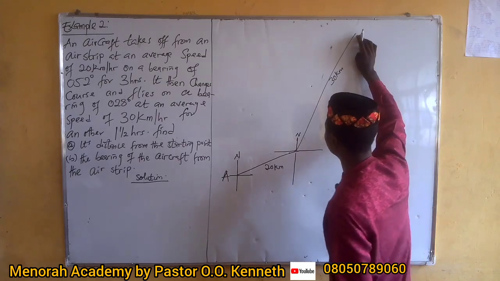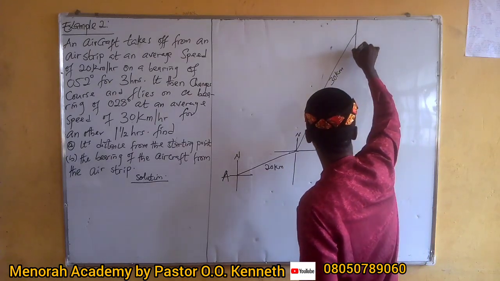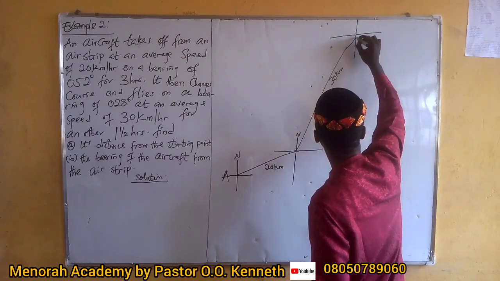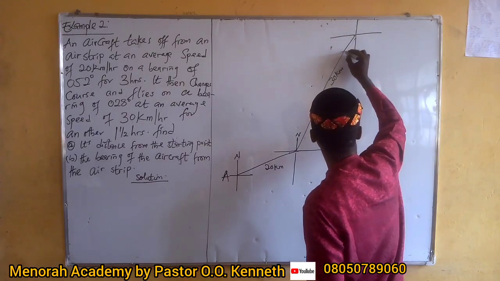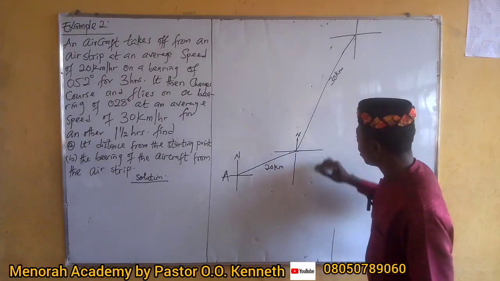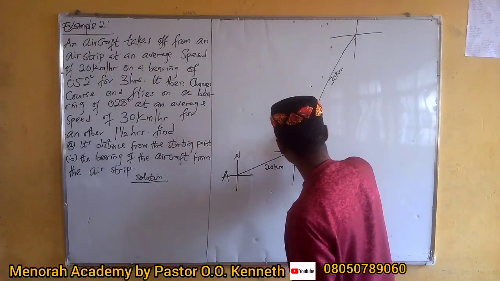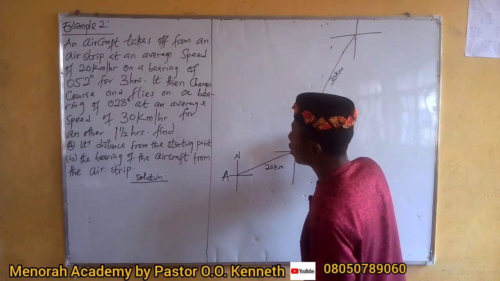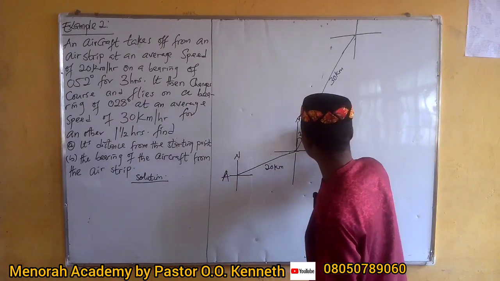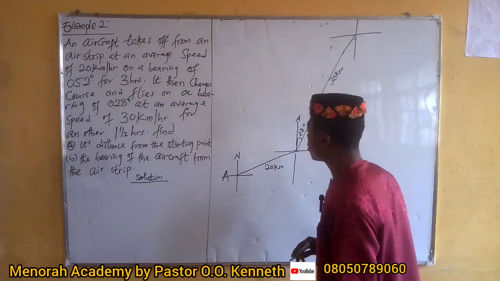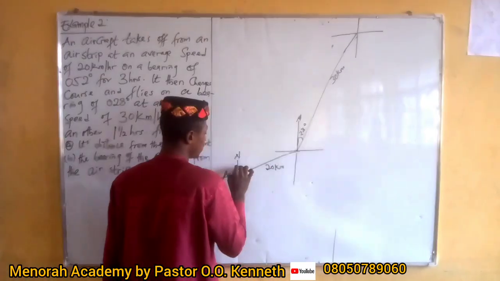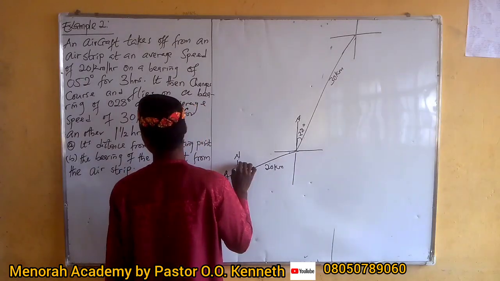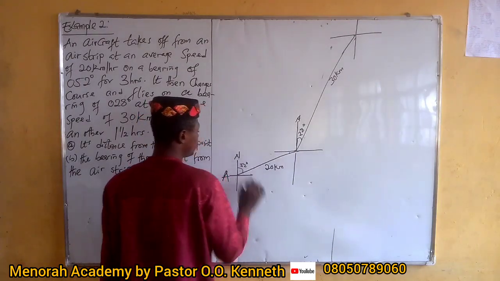Okay, so now that it flew for this 30 kilometers, this is another bearing again. So what we are told is that this is my north pole, and it flew at 28 degrees, and here it flew at 52 degrees.